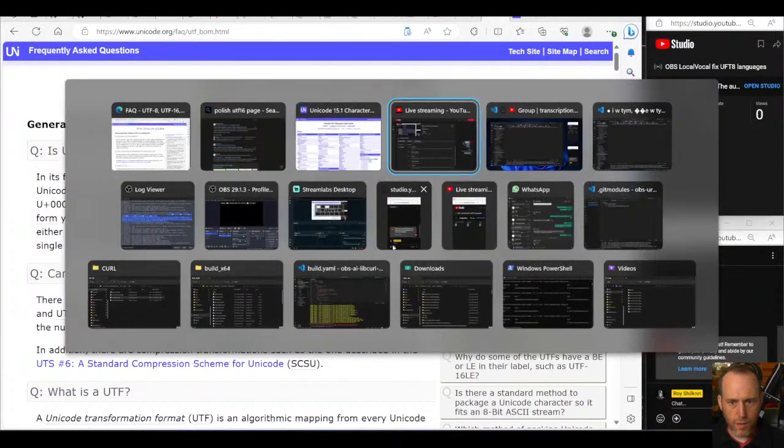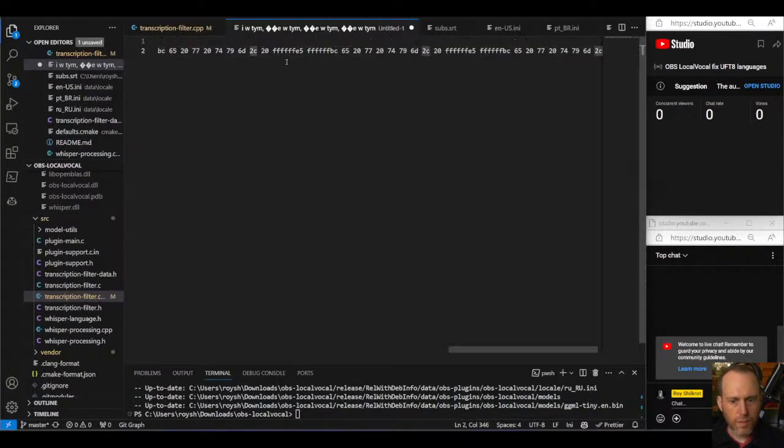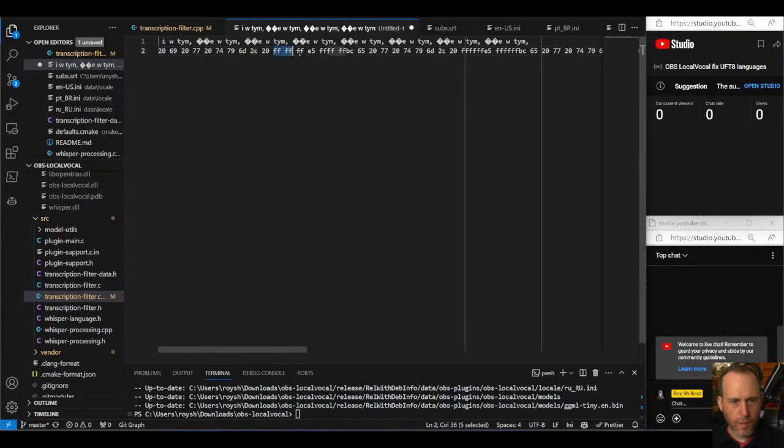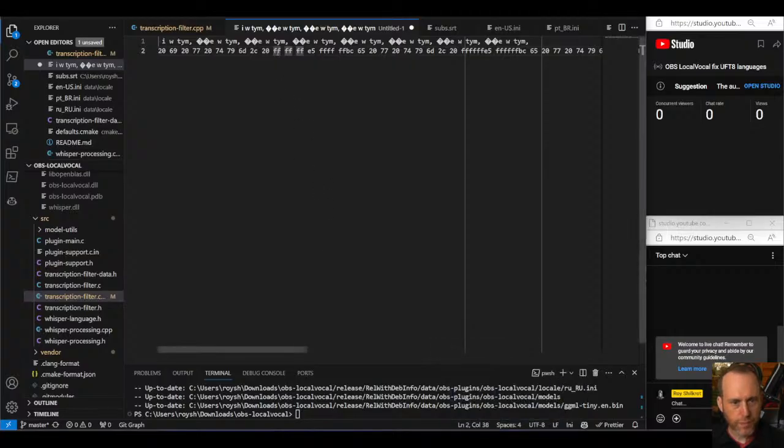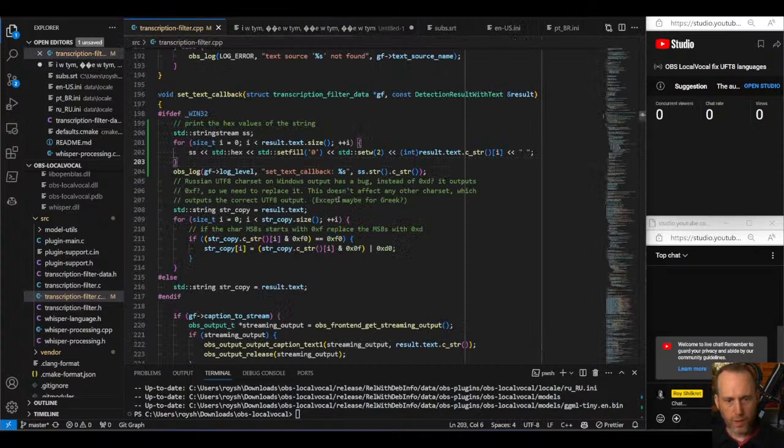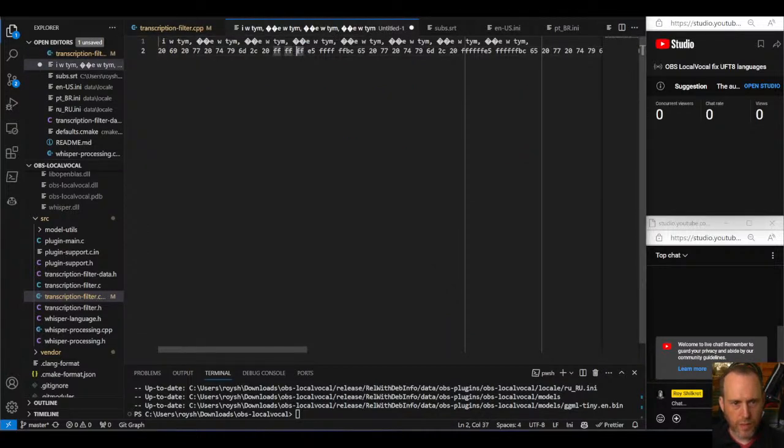All right, so what I think is going on here is this is essentially an integer, so we're getting all this spare stuff in here. Let's close down OBS. So we're getting the result in here, and what we have is a trailing byte. So this is essentially UTF-16, it's a multi-byte thing.